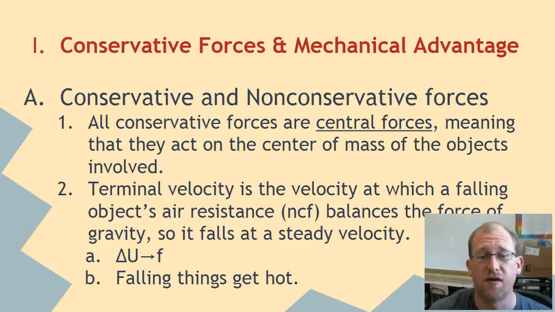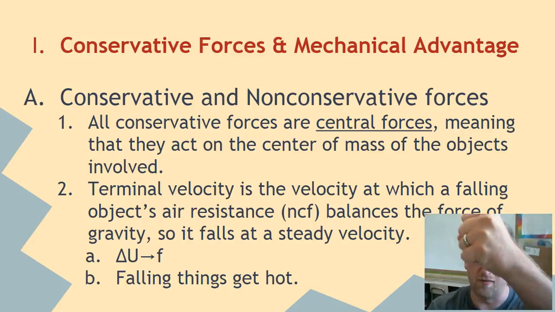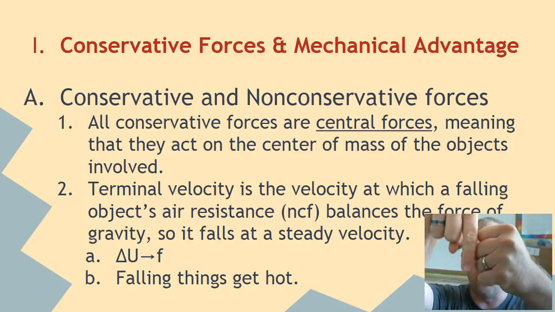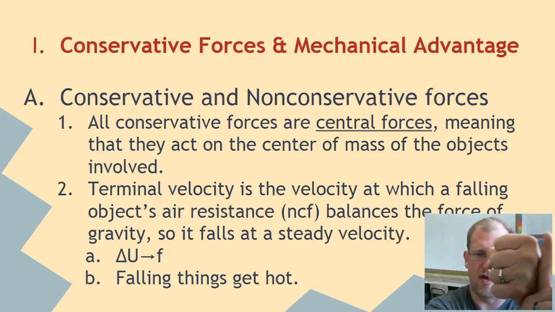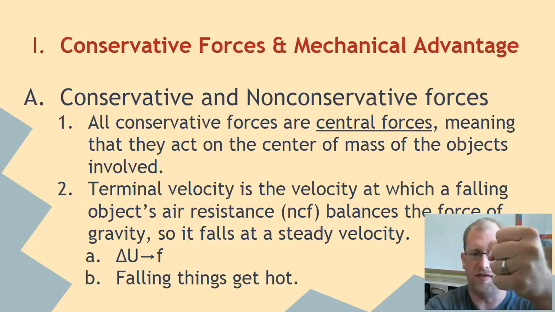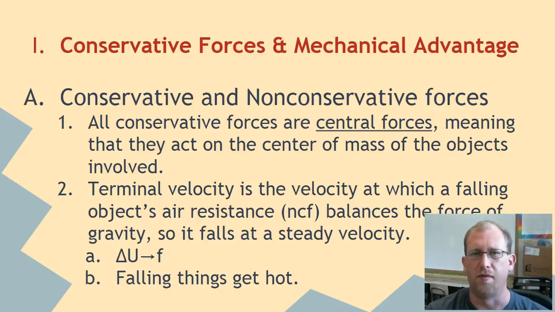So if something is falling out of an airplane, like not me, but somebody less intelligent, and they're falling, there comes a point at which the air resistance on them is counteracting the acceleration of gravity. So you've got this object falling and gravity is pushing it down, friction, wind resistance is pushing it up, and when the down and the up balance each other, then you have achieved terminal velocity.